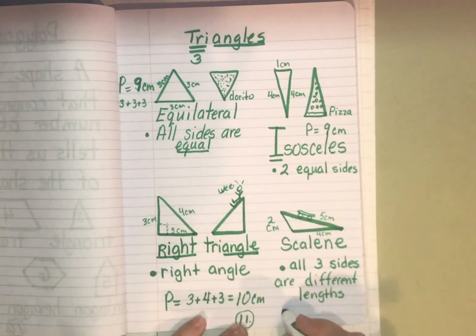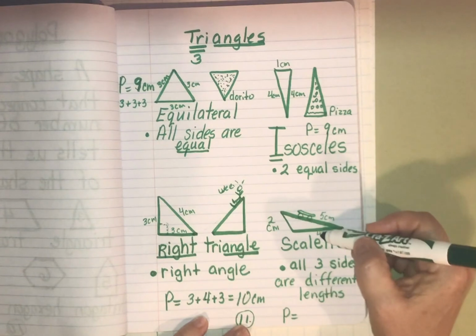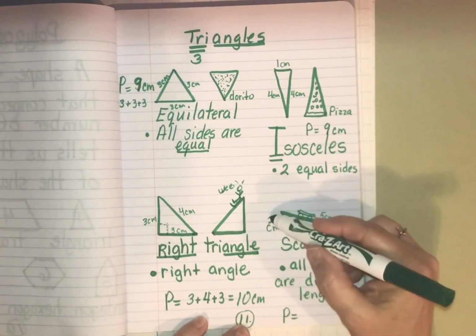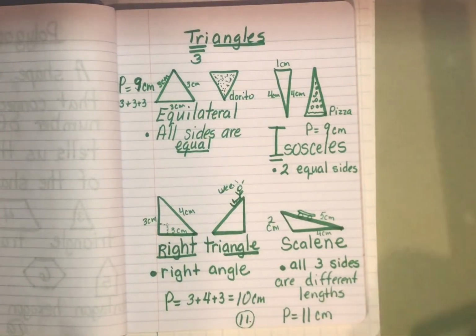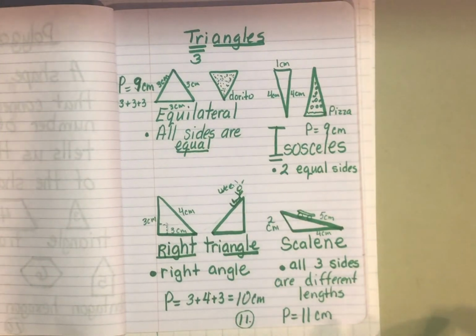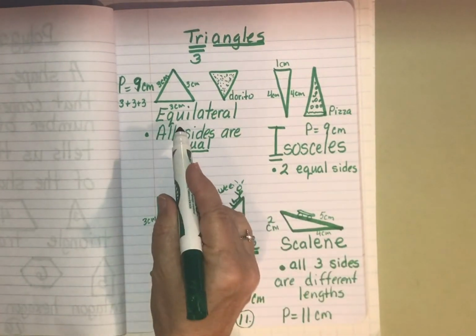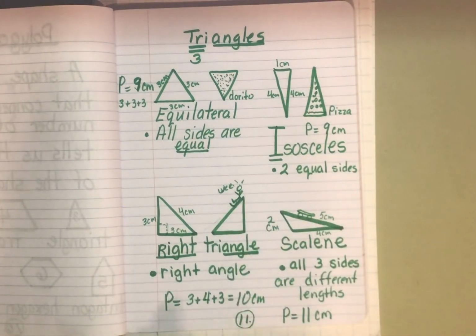For the perimeter, P equals 5 plus 4 is 9, 10, 11. 11 centimeters. All right, so those are your 4 different triangles: the equilateral, the isosceles, the right triangle, and the scalene.